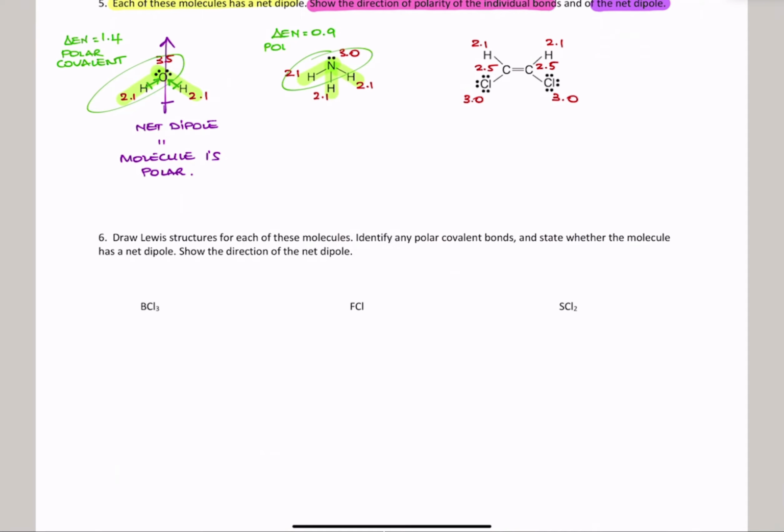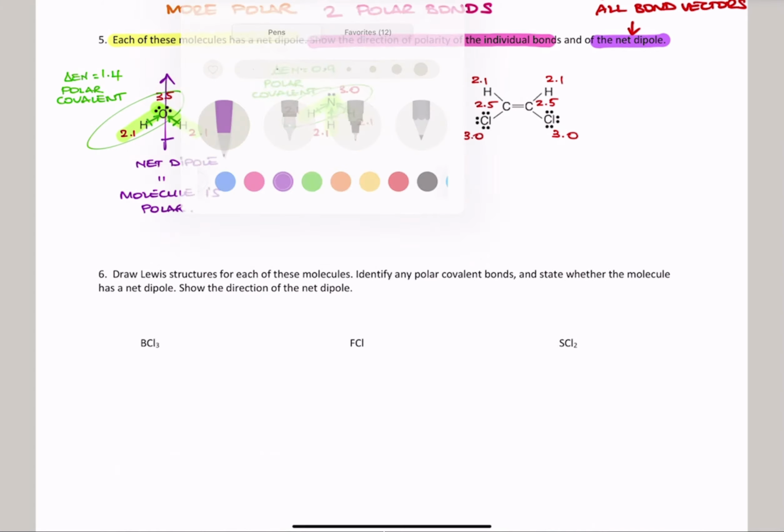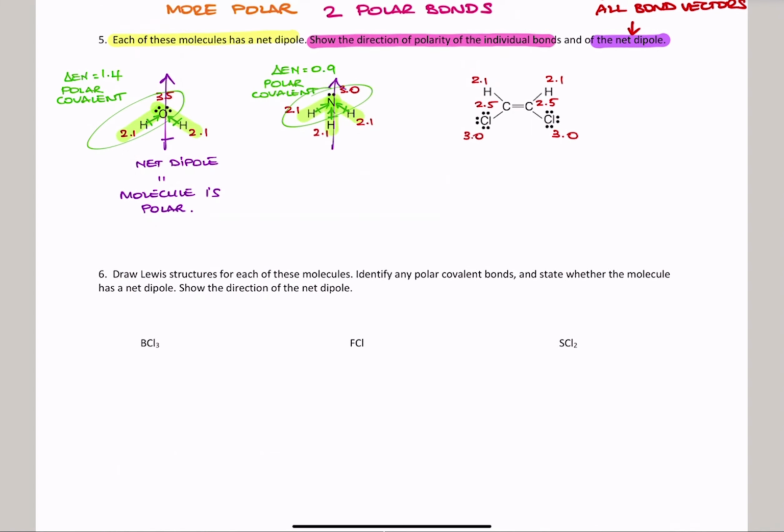So I have as well three polar covalent bonds with three bond vectors, and N is more electronegative, so all the bond vectors are pointing toward the N. Therefore, I have a net dipole moment going up, and this molecule is polar as well.